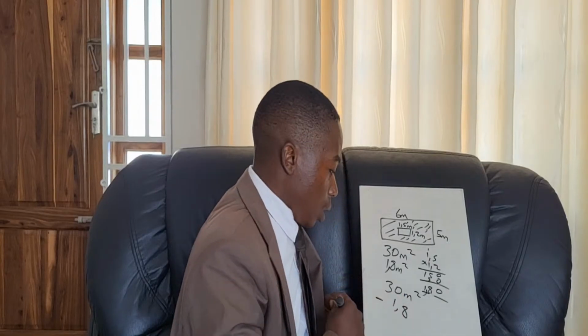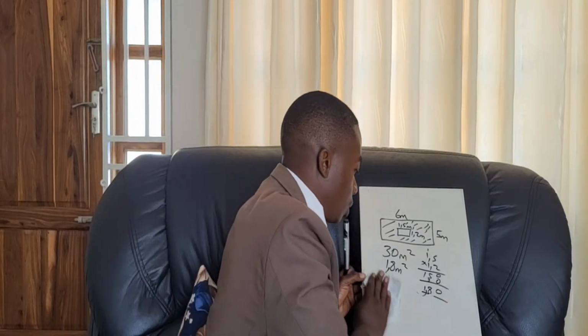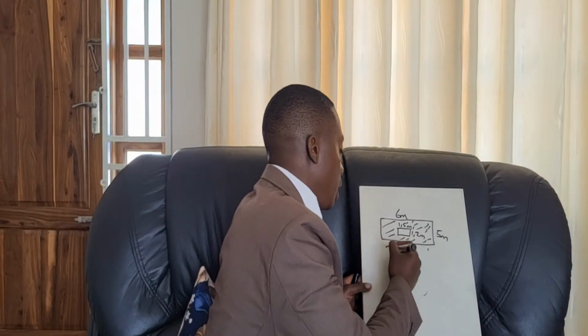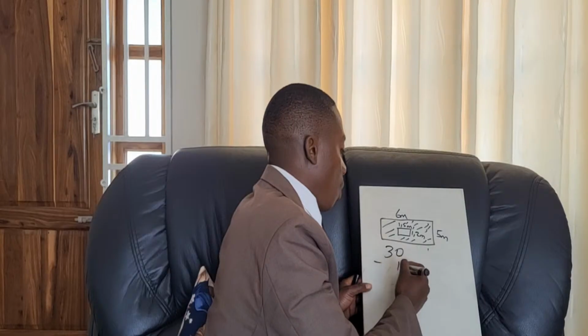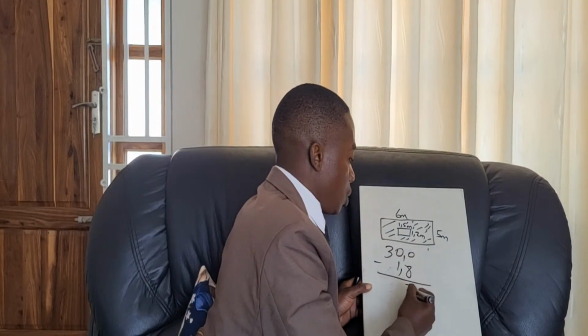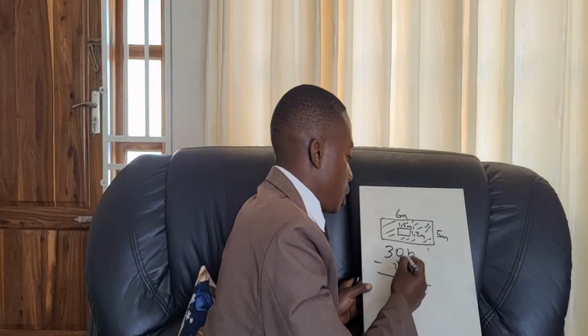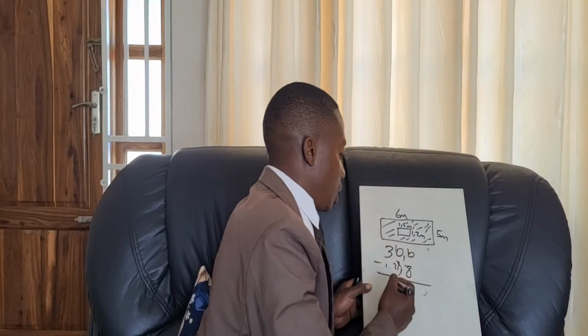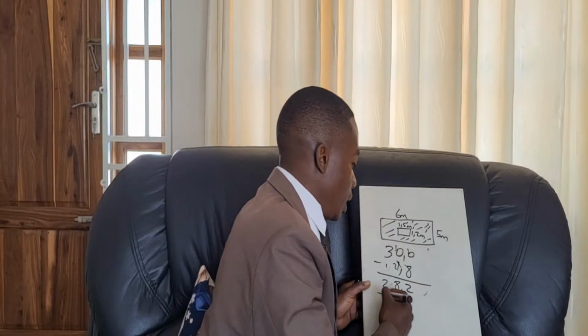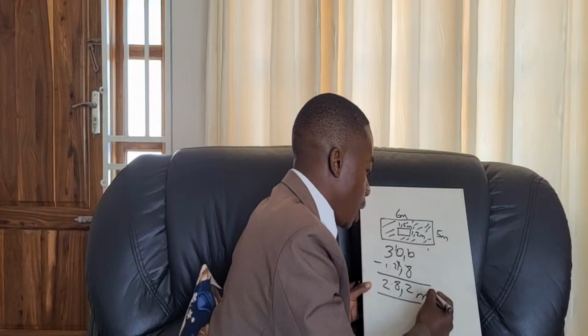So 30 square meters minus 1.8. Let me remove the square meters first. 30 minus 1.8. So this is 2, and this becomes 2. So 28.2 square meters.